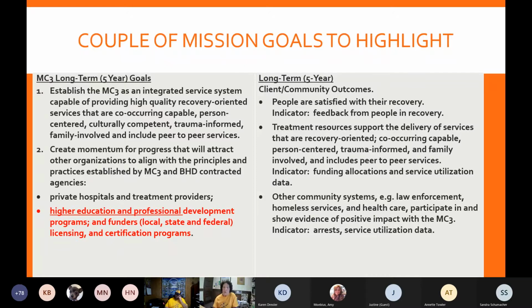But one of those long-term goals that you will hear Karen and Annette talk about is the goal to not just disseminate the MC3 values in the mental health or substance abuse system, but to get into private hospitals, to have private hospitals and treatment providers learn our language, learn our values, to incorporate people in higher education in terms of workforce development.